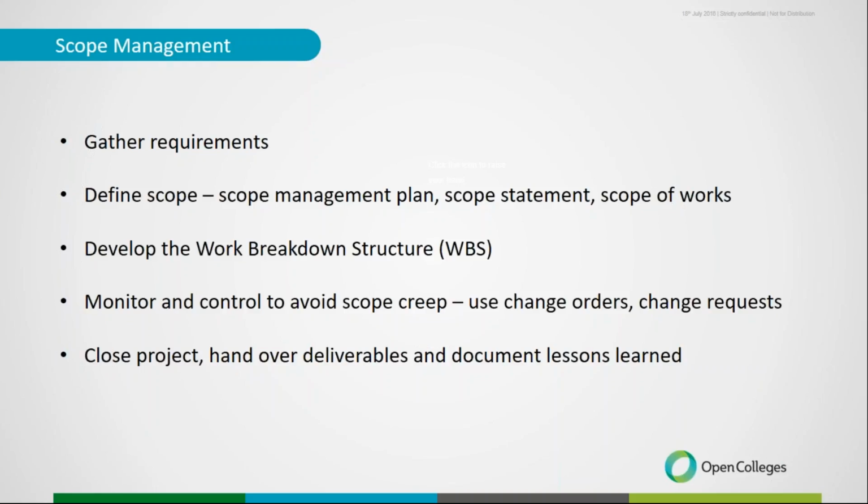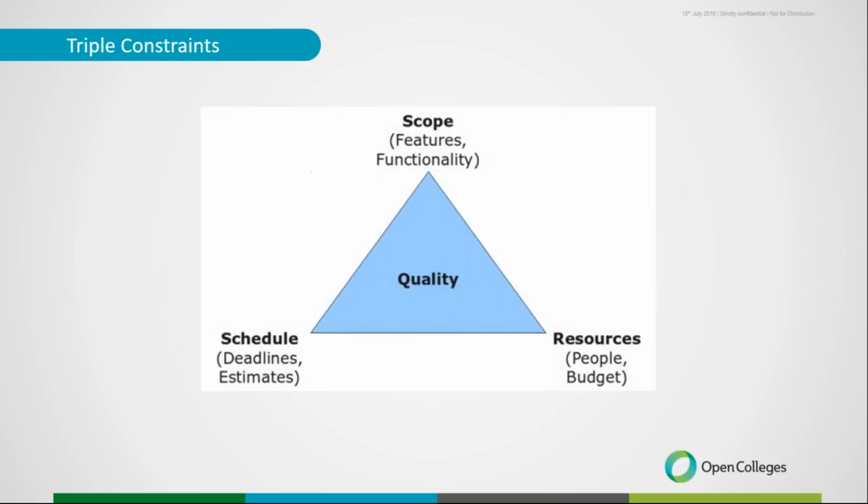of the project. The other thing that's important to do at the beginning of a project also is to look at the triple constraints and decide on and find out where the priorities are for the project sponsor. If you get this clear at the beginning, it makes it much easier to make decisions throughout the project.